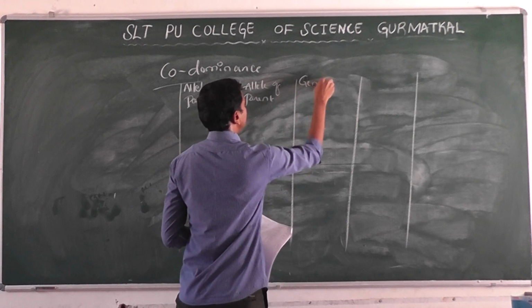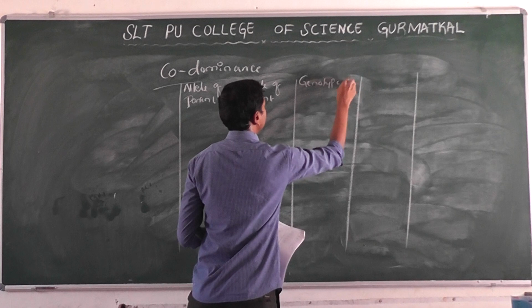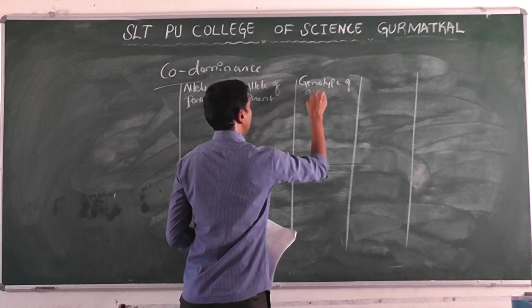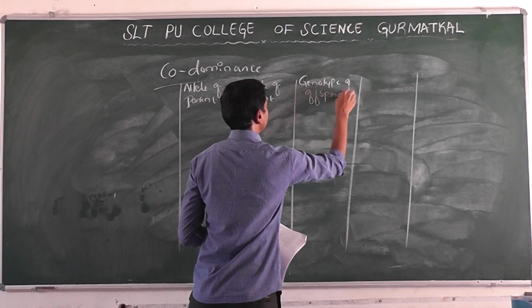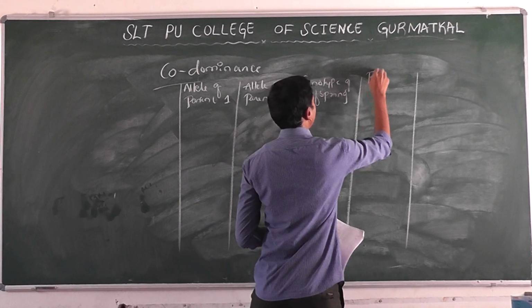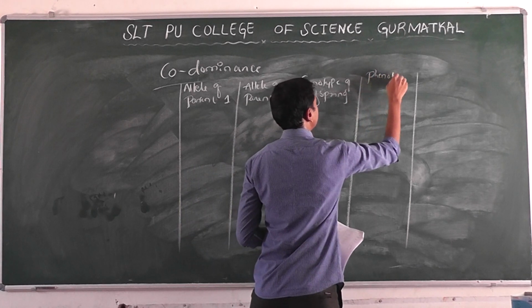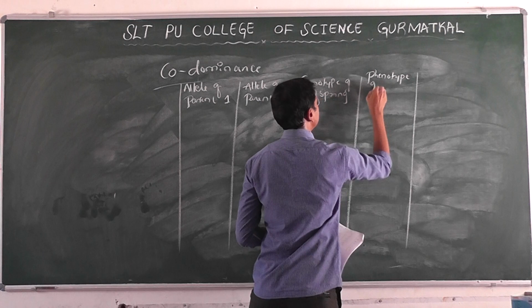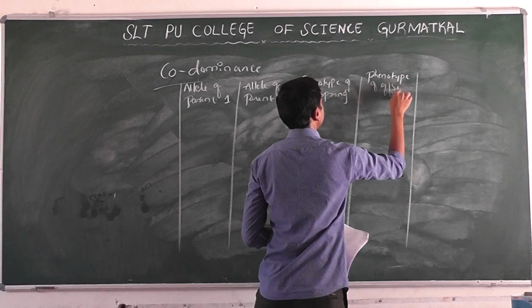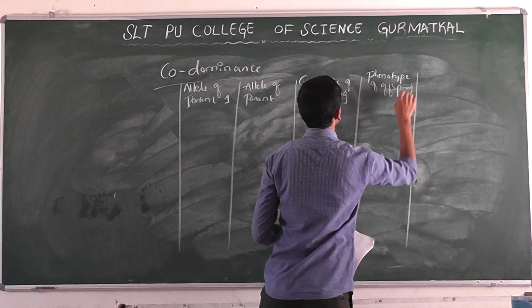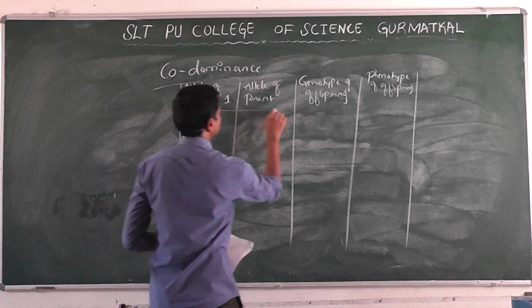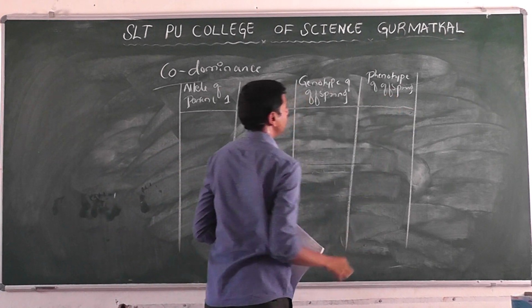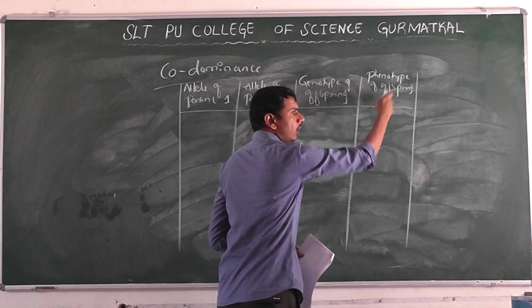What type of genotype is present in the offspring? And then the phenotype of offspring.